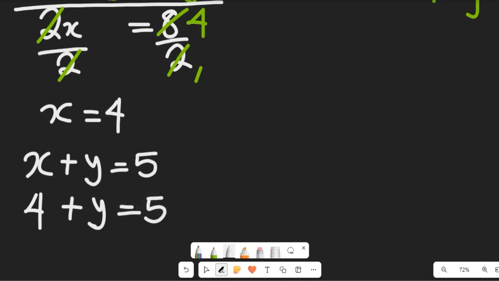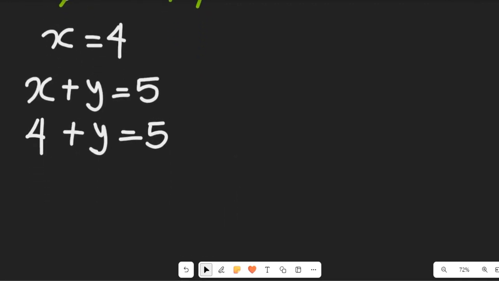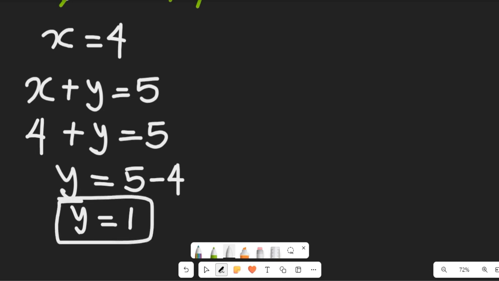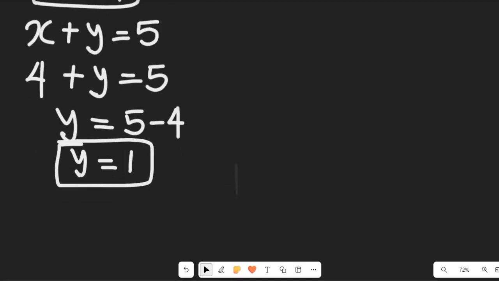And we can get the value of y. So y will be equal to 5 minus 4. So our y will also be equal to 1. So these are the expressions or the solution to x and y from the first equation.